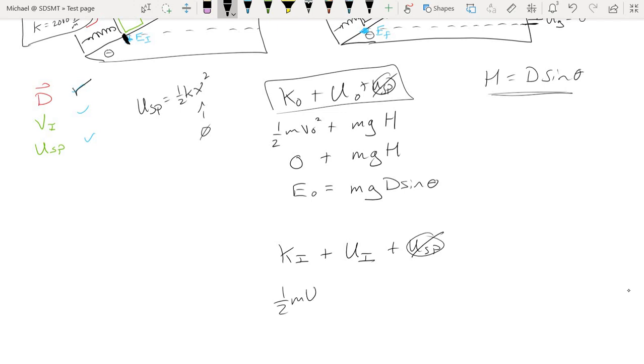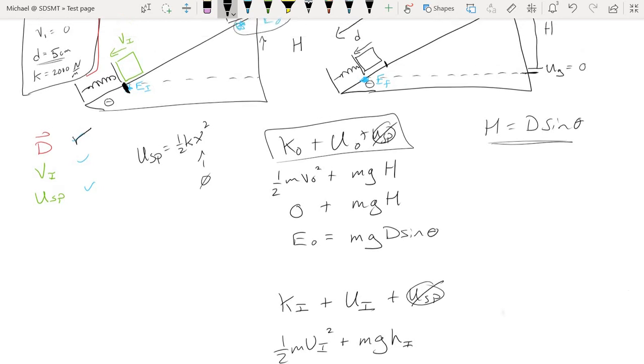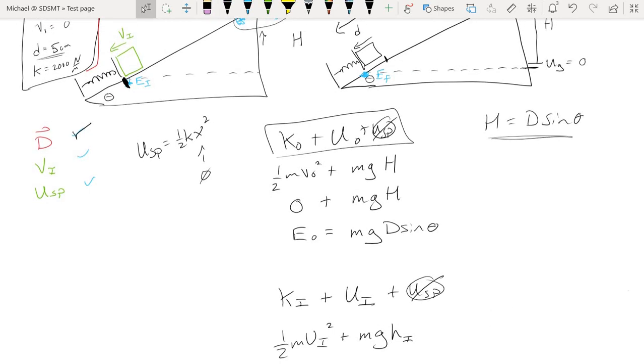We will have some non-zero velocity associated with the impact. And our potential energy at the impact site is going to depend on how high above the 0 point we are.